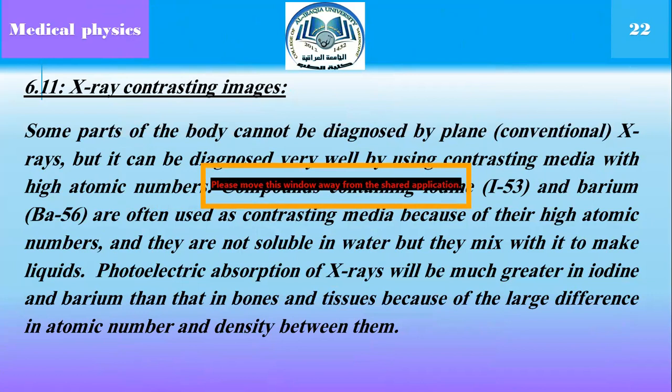Photoelectric absorption of X-rays will be much greater in iodine and barium than that in bones and tissues because of the large difference in atomic number and density between them.